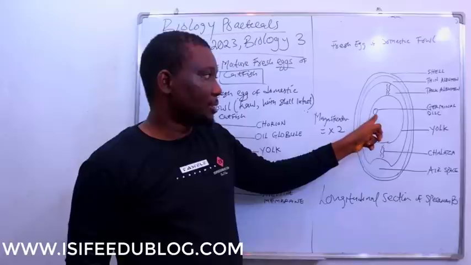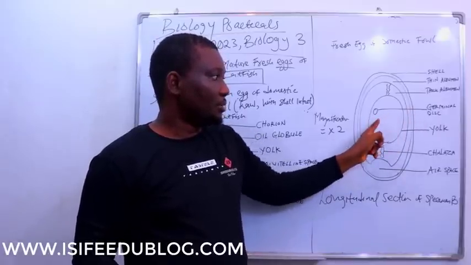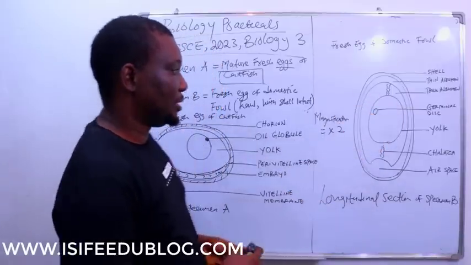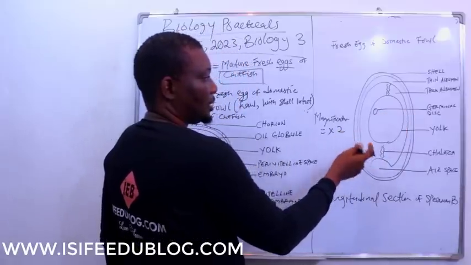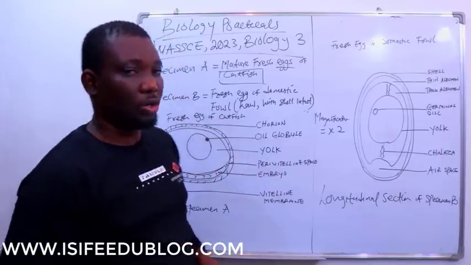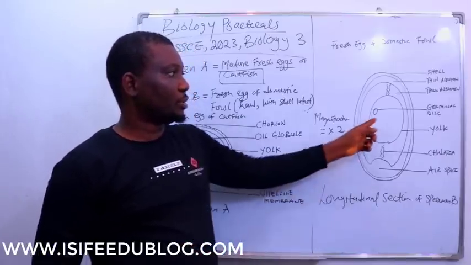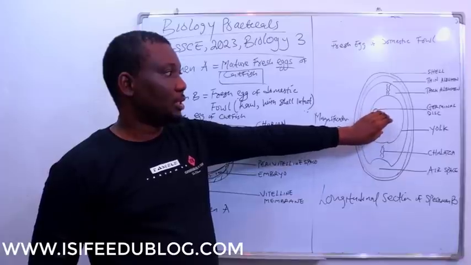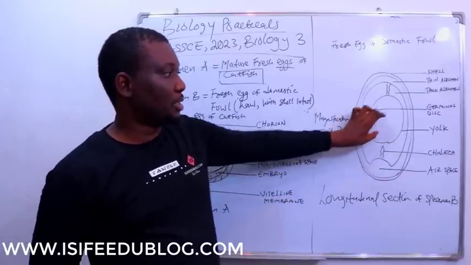It has matured, and this germinal disc is just like a part of the yolk that supplies food to the embryo that eventually will be here. Because it does appear that the embryo stays here.